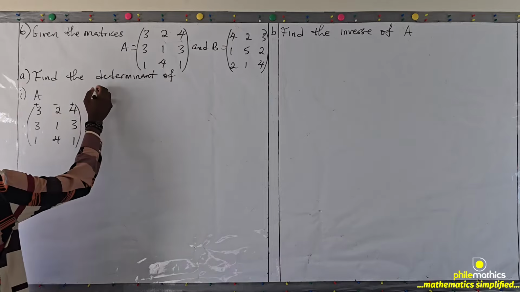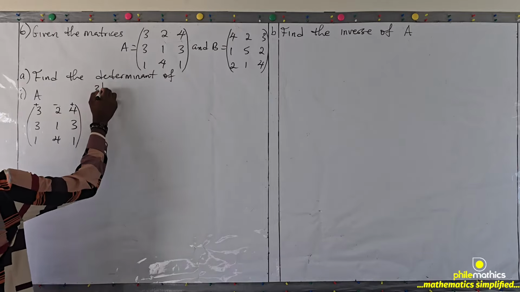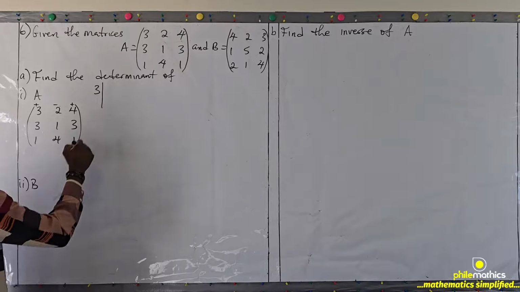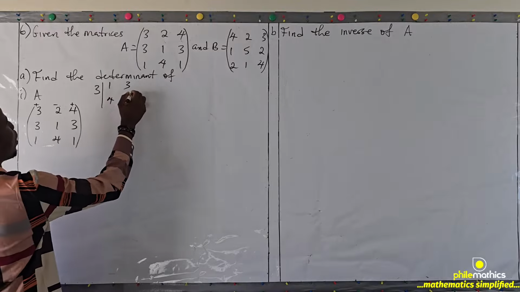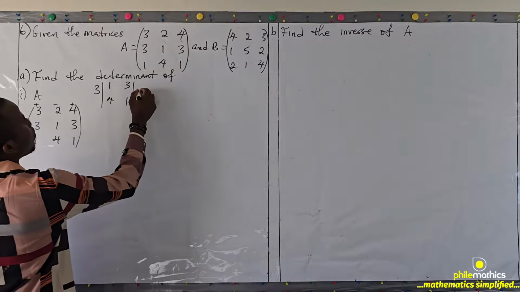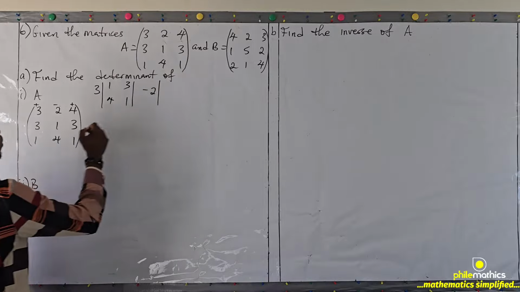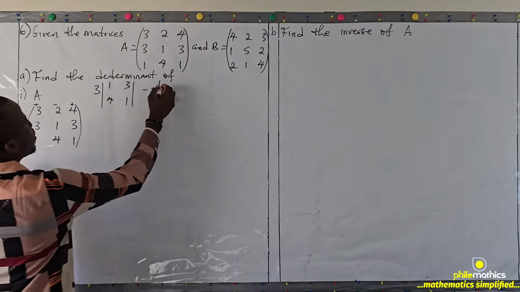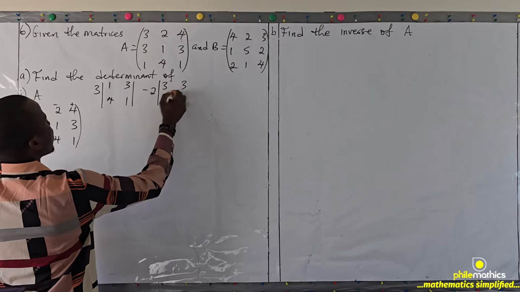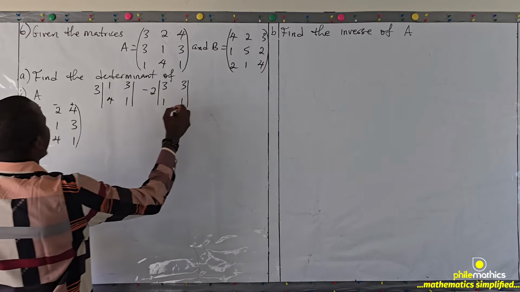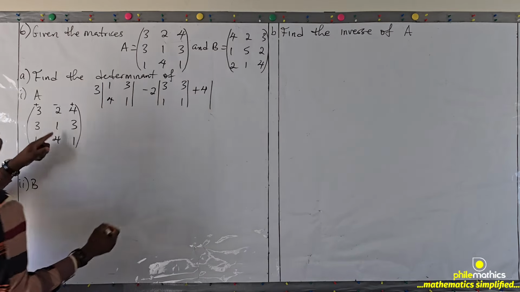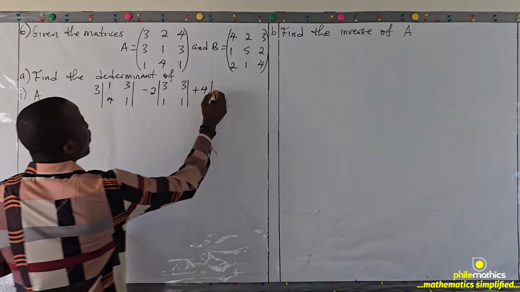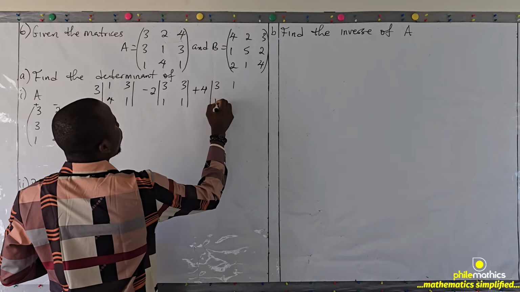So let's go. So this is 3. Determinant of what is remaining: 1, 3, 4, 1. Next is minus 2. Determinant of what is remaining: 3, 3, 1, 1. And then plus 4. Determinant of what is remaining: 3, 1, 1, 4.